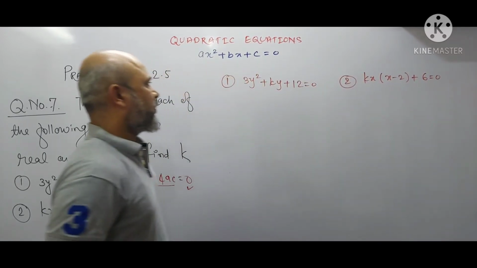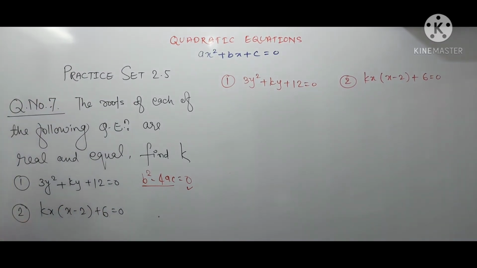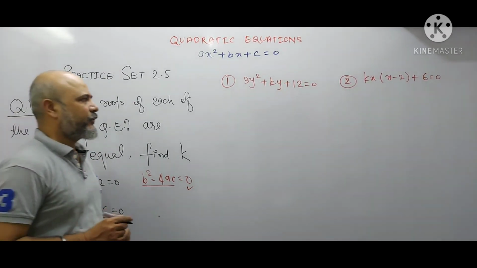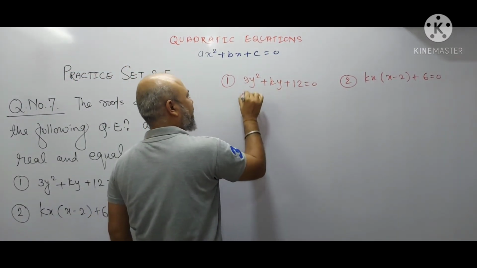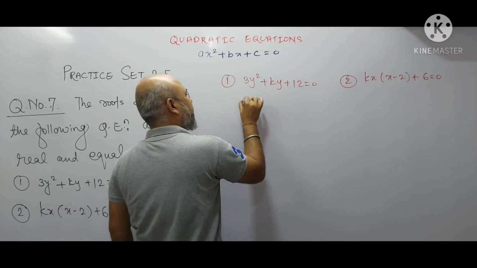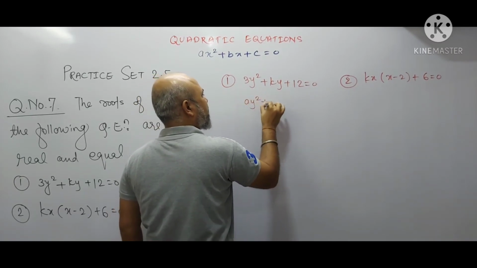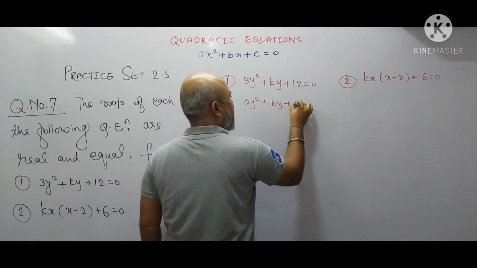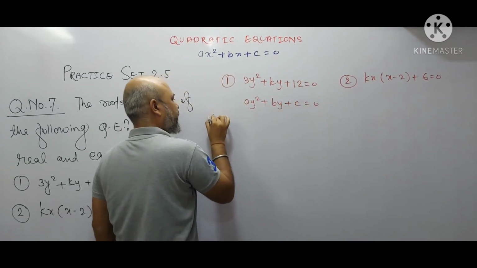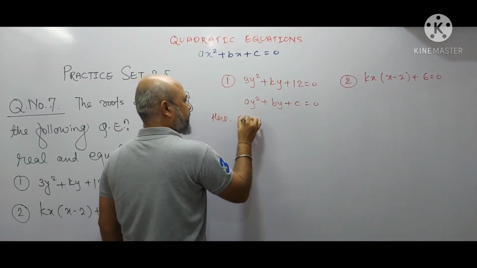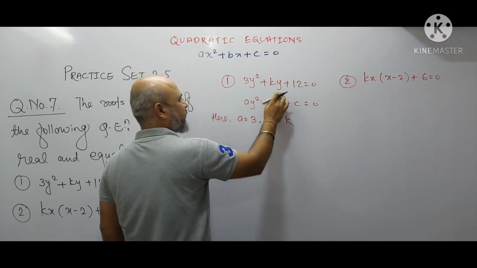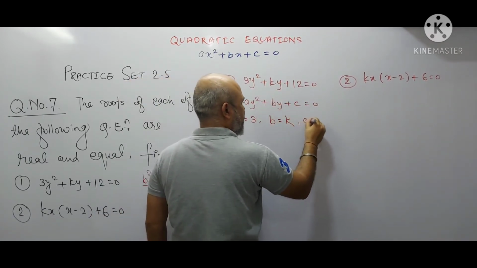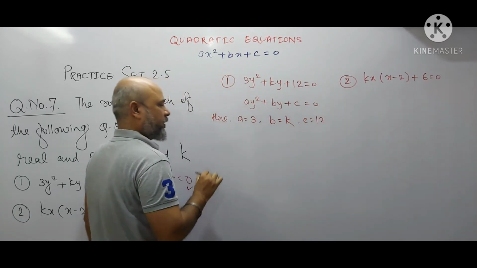The roots of this quadratic equation are real and equal, which means the value of discriminant is 0. So first we'll find the value of a, b and c. We will compare this with ay square plus by plus c is equal to 0. And you will get here a is equal to 3, b is equal to k because the coefficient of y is k, and c is the constant, which is 12.